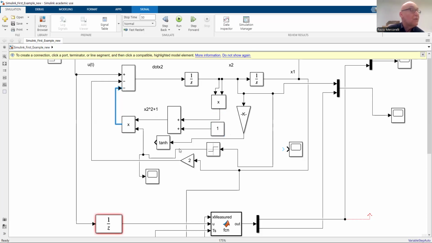And both 1 and this square, all even functions, are multiplied by this sign. Should I come back to the model, or is it clear? Again, these two elements realize x2 squared plus 1. If I multiply both by sign, and then I put minus, I have exactly this, let me say, complicated thing.